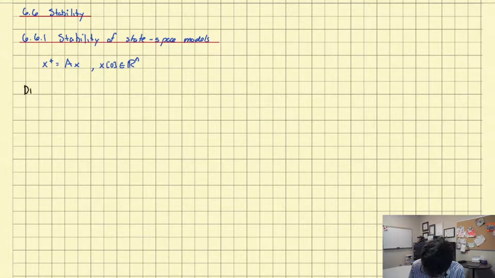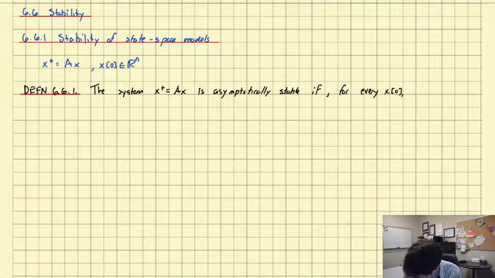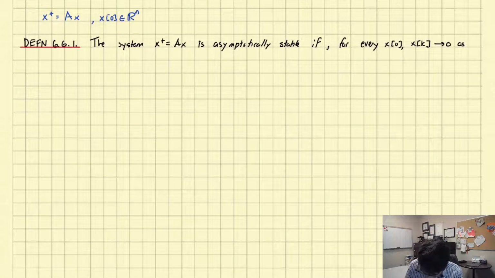Definition 6.6.1. We're going to say that the system is asymptotically stable if for every initial condition we get that x of k goes to 0 as k goes to infinity.